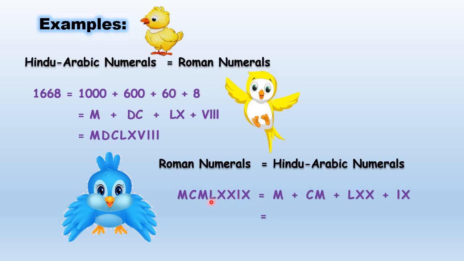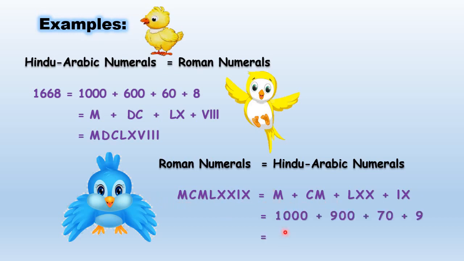Then LXX. The rule says a smaller number on the right hand side of a bigger number, we will add. So LXX is 70. And CM: the rule says a smaller number on the left side of the bigger number, we will subtract. So 1000 minus 100 is 900, and M's value is 1000.